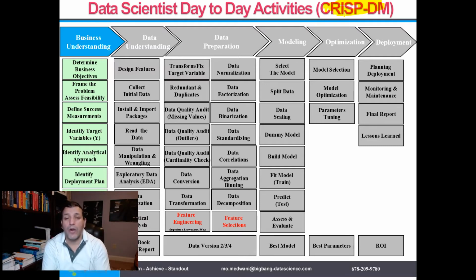So it's a methodology used to monitor the progress of your machine learning project, end to end. And this CRISP-DM has 6 main phases. The first phase is business understanding.